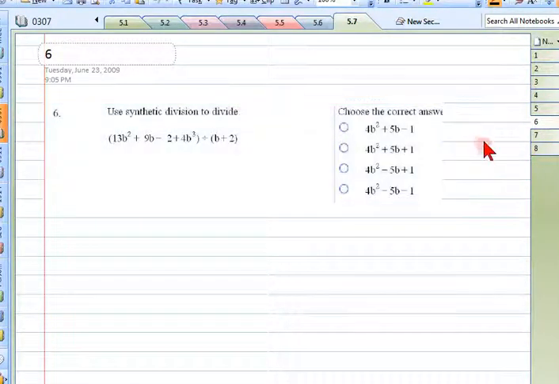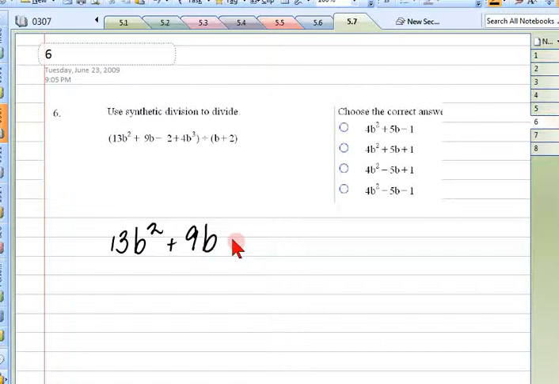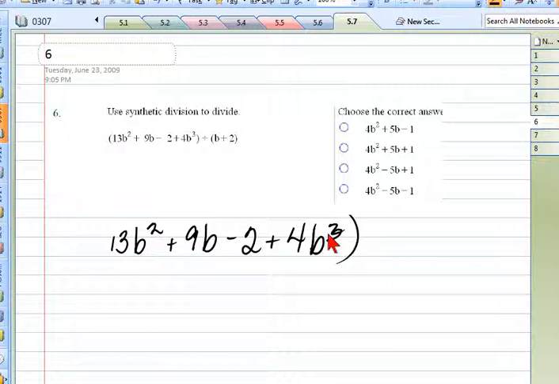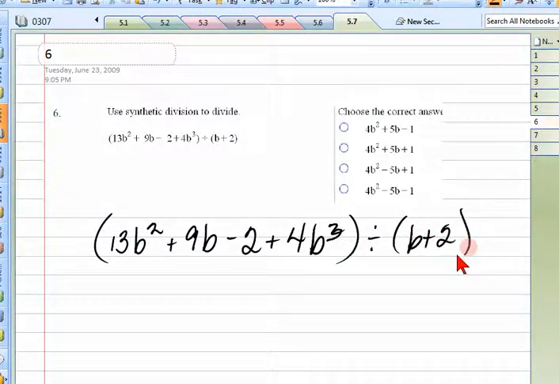This is a multiple choice problem. And it says 13b squared plus 9b minus 2 plus 4b cubed, divided by b plus 2.